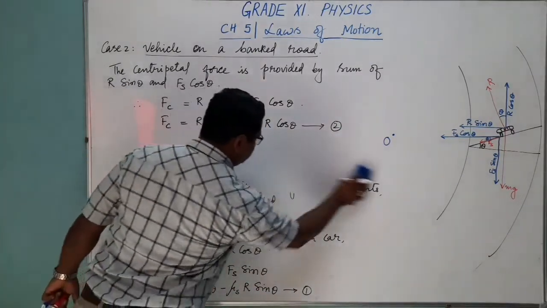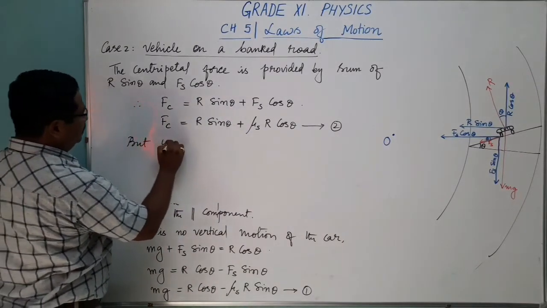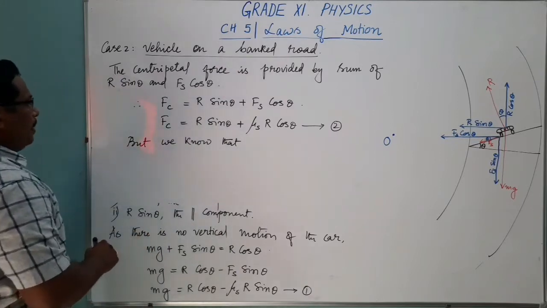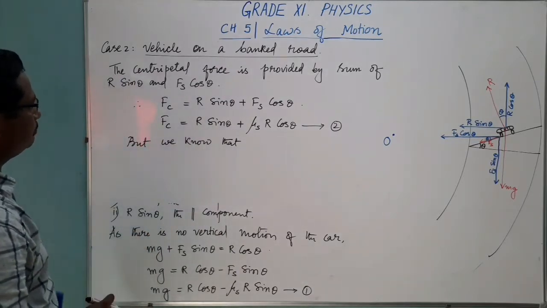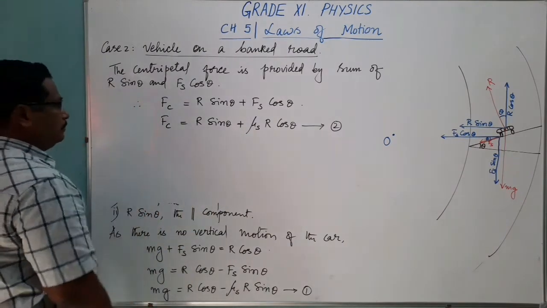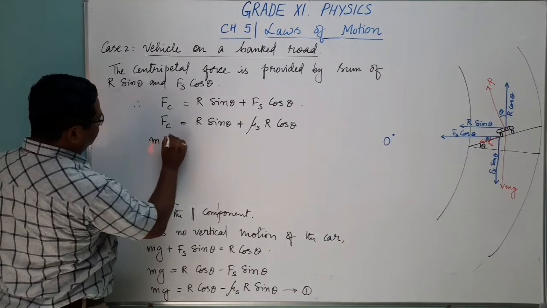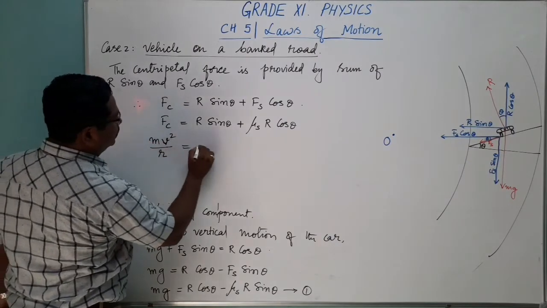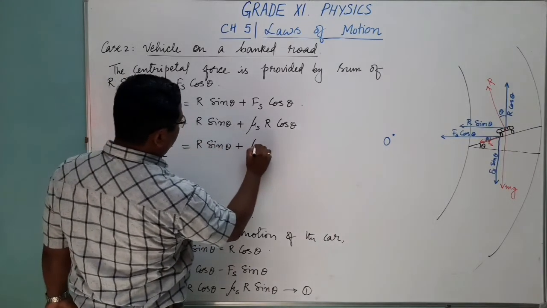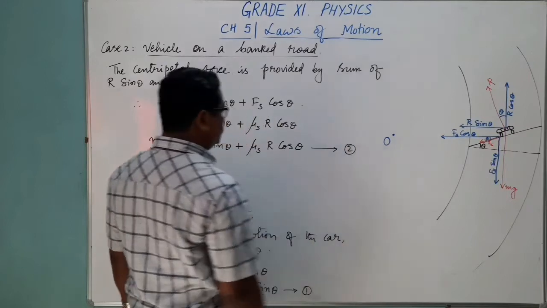But we know that Fc is mv squared divided by R, equal to this R sin theta plus mu s into R cos theta. Let us mark this as equation number 2.